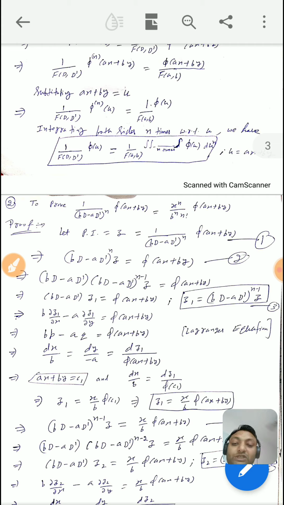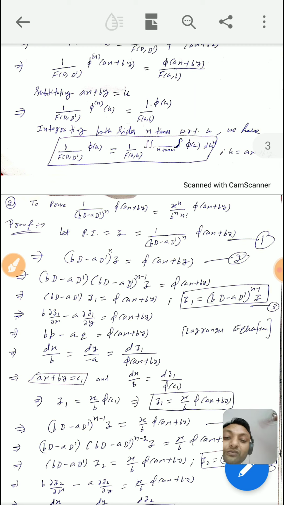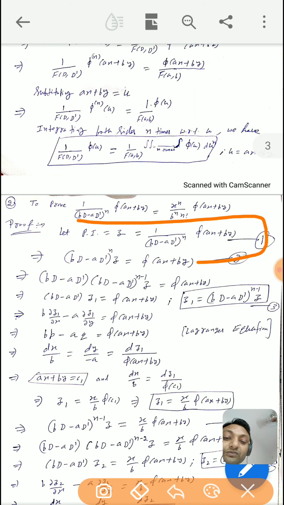To prove this result, let the particular integral be denoted by z. You may take it v, u or any other letter. So I take the particular integral as z, that is equal to 1 upon (bD minus aD dash) power n operating on phi of ax plus by, that is the left hand side of this equation.